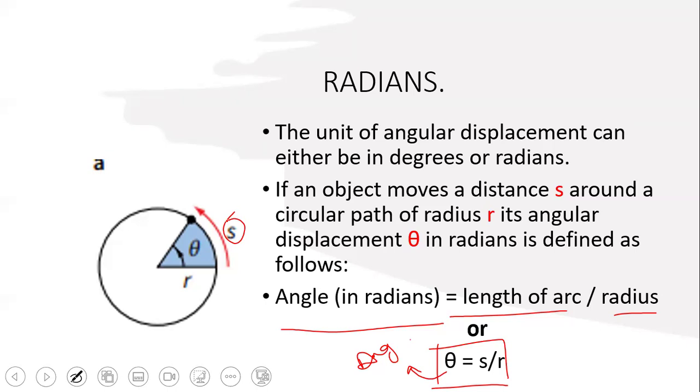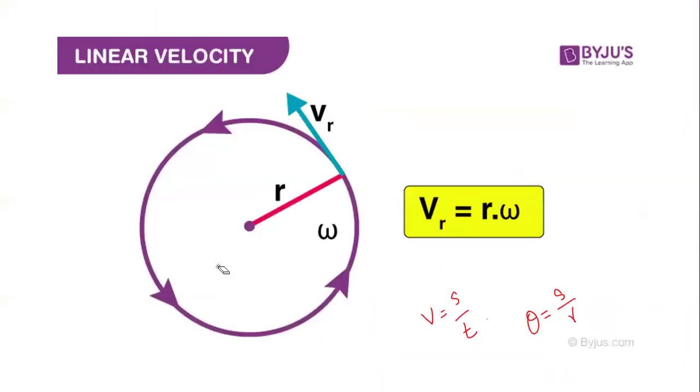The distance traveled by the object is the arc length, S, and the formula for radians is arc length divided by the radius. If we rearrange the formula, distance is equal to r theta.